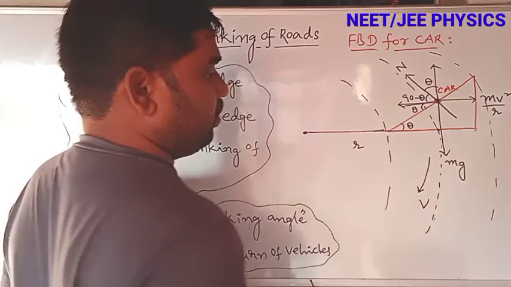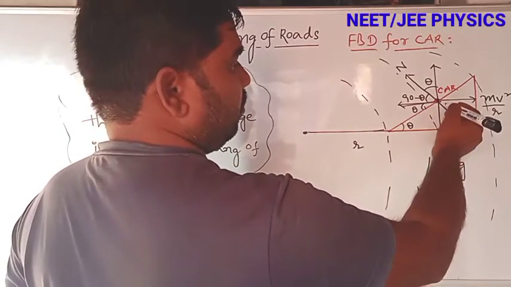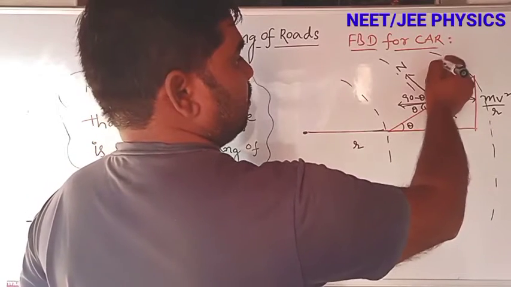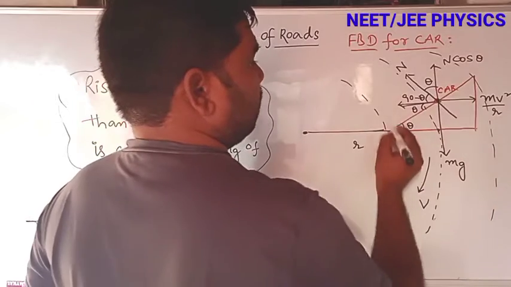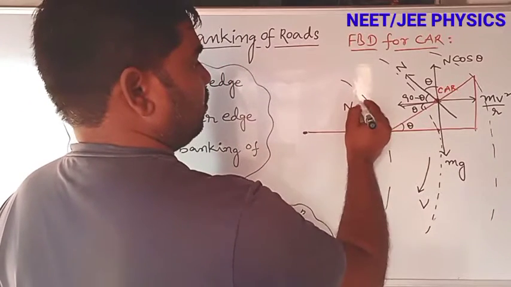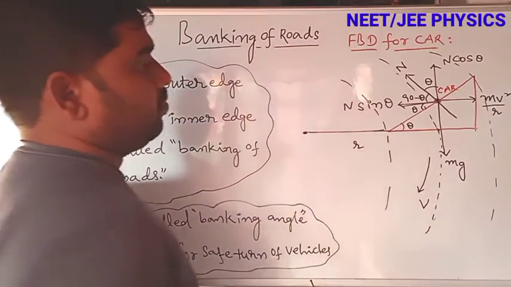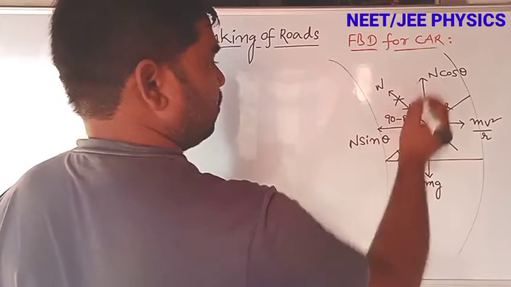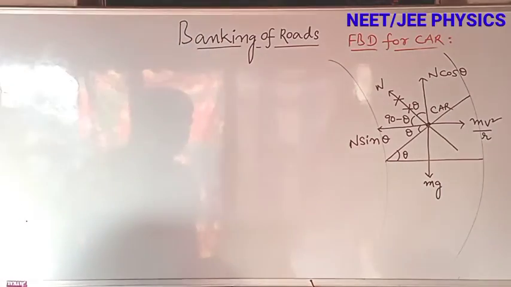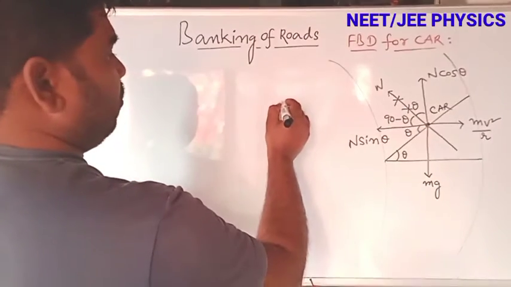Now the car is moving with velocity v. The horizontal component of the normal reaction is n cos theta, and the vertical component is n sin theta. I am dropping this n because I already resolved it into two components, n sin theta and n cos theta.